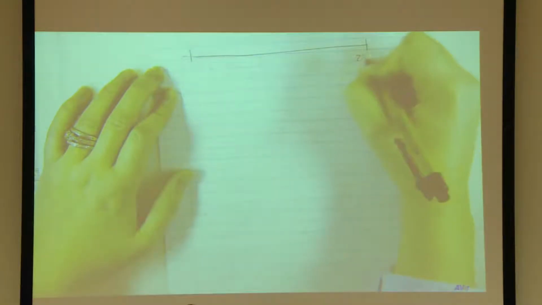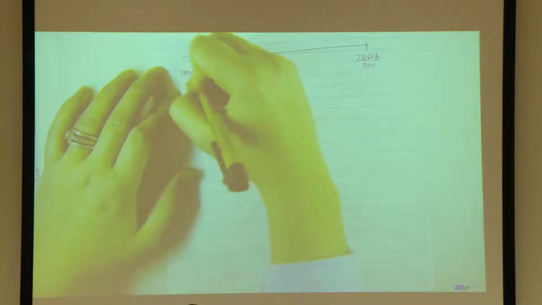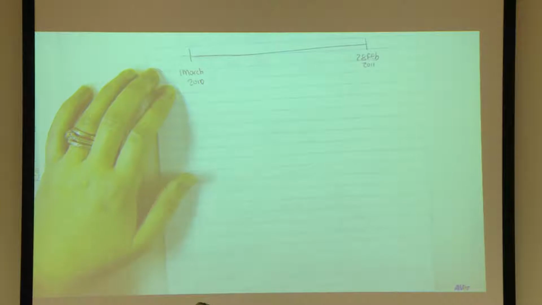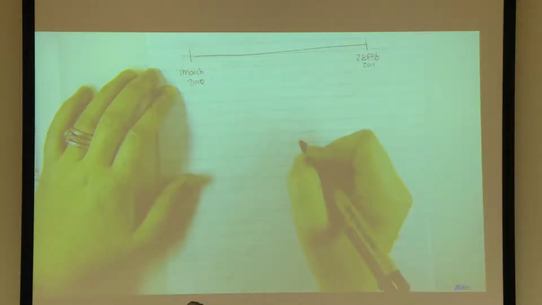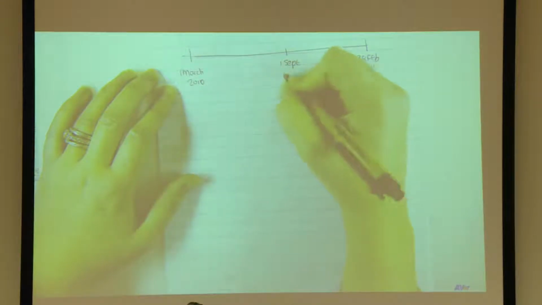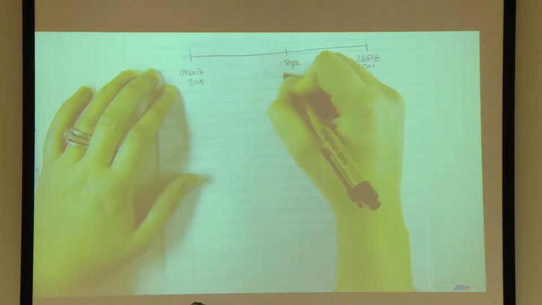Because 5,000 is paid on the 1st of September each year. So if I have my accounting period, which ends 28 February 2011, and it starts the 1st of March 2010, and we indicate on the 1st of September each year how much is paid back.